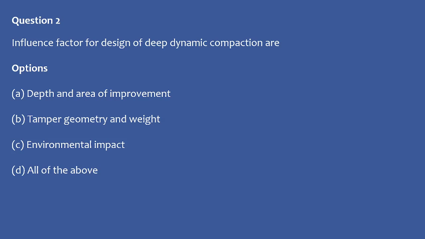Again, it was a straight question. Deep dynamic compaction depends on the depth of the soil which we want to improve, and the total marked area we want to improve, what type of tamper should be used, and how much the tamper should weigh. We also need to see whether the tamper weight is causing some impact to the nearby environment, or whether there is a built area nearby that is getting some non-required impact.